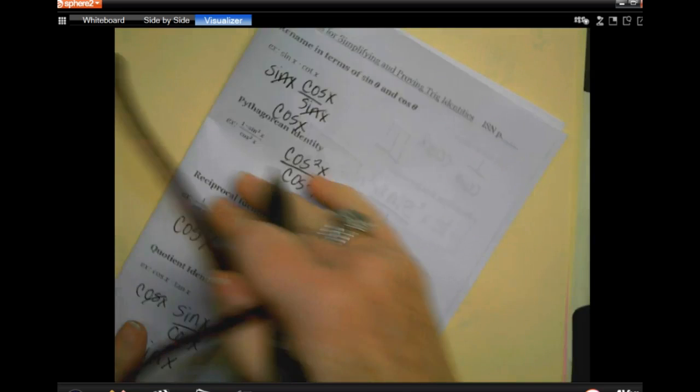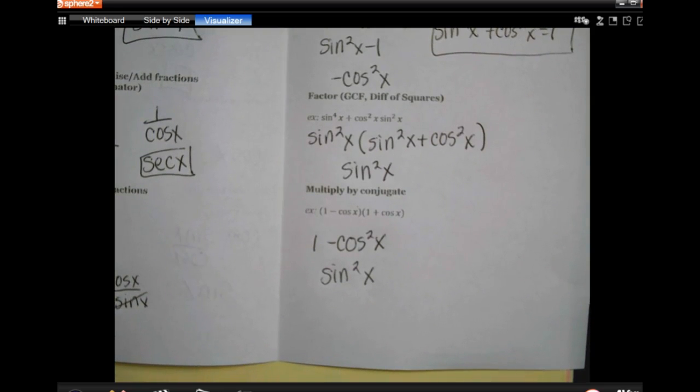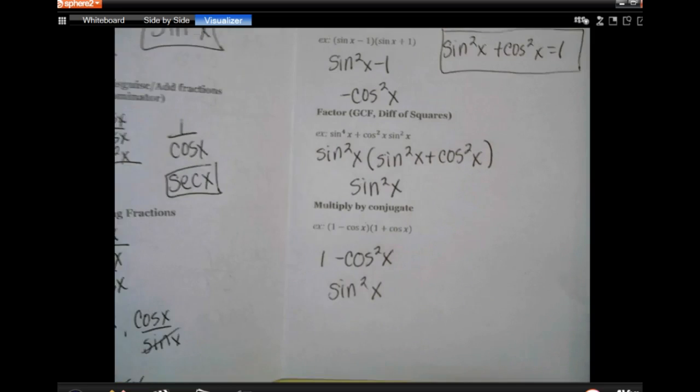Okay, on your yellow worksheet, I'm going to work one with you. Oh, sorry. Are you good, Andrew? Yes. All right, here we go. I'm giving you premium points for it, okay?